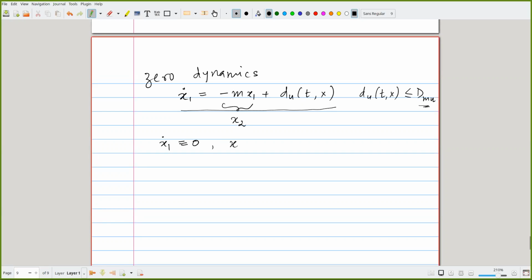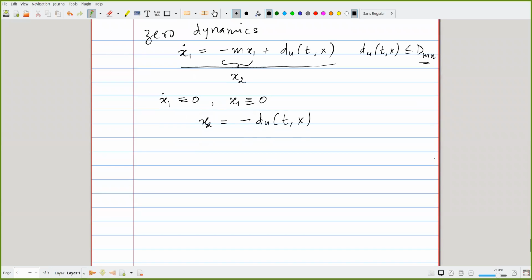So if the requirement is this, then you can make x2 become du(t,x). This is what you can do, and this is how people deal with unmatched uncertainty in sliding mode control.